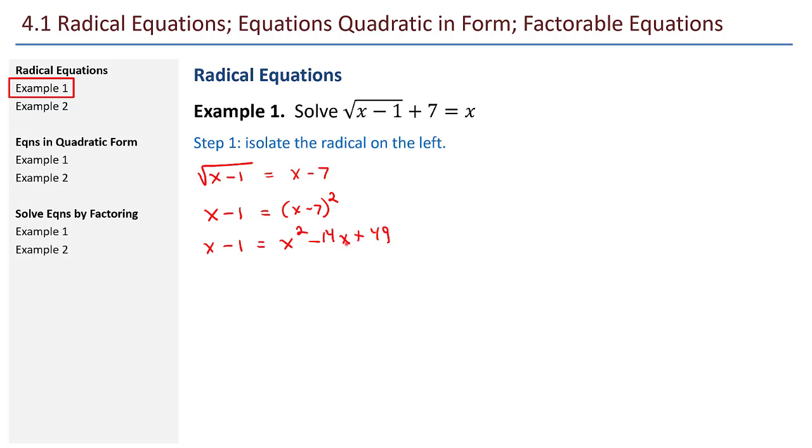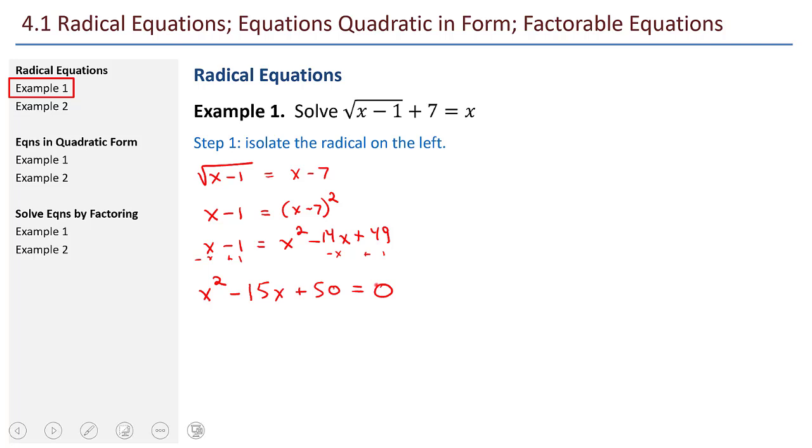Now I need to combine like terms, and let's move stuff over to the right. So actually I'll write it on the left, x squared, but I imagine on the previous line, what would happen if I subtracted x from both sides? I'll end up with a minus 15x. And what if I add 1 to both sides? I get plus 50 equals 0.